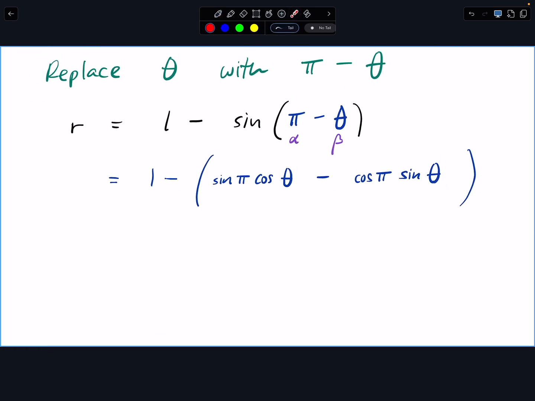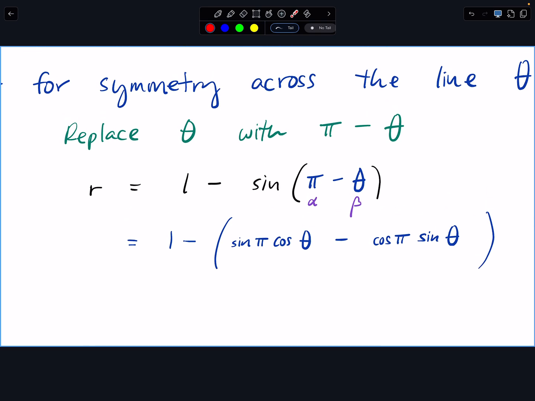Now, if you're wondering, I don't want cosine thetas, right? Because is there a cosine theta in my original equation? No. But what's nice about this is, check it out. What is the sine of pi? 0. So 0 times this, what happens to that? It's gone. What is the cosine of pi? -1.